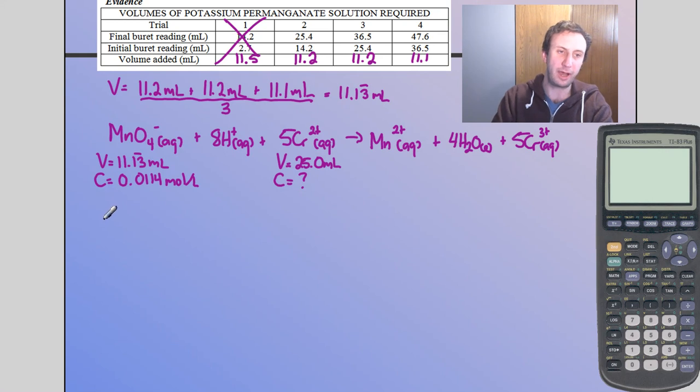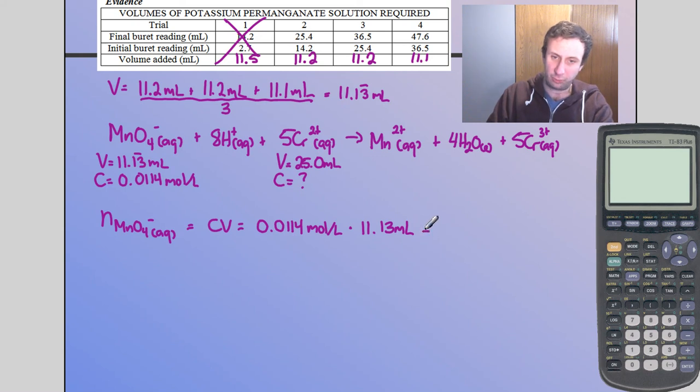So now I can find my moles of MnO4 minus, so n of MnO4 minus aqueous is equal to C times V. So I have 0.0114 moles per liter multiplied by a volume of 11.13 milliliters.